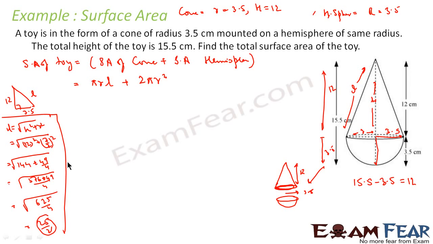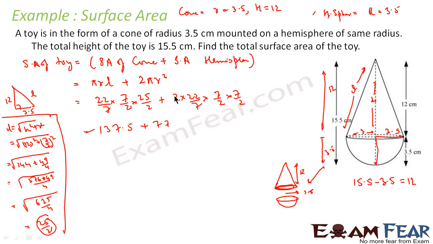So I'll put the values here now. Pi is 22 by 7, R is 7 by 2, L is 25 by 2. Thus pi r L is 22 by 7 into 7 by 2 into 25 by 2, and 2 pi r square is 2 into 22 by 7 into 7 by 2 into 7 by 2. Correct? So if you solve this, this becomes 137.5 and this becomes 77.